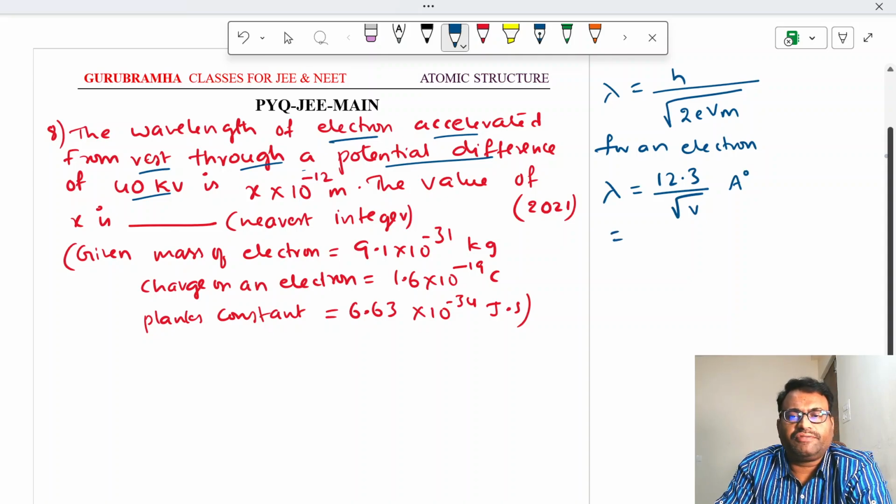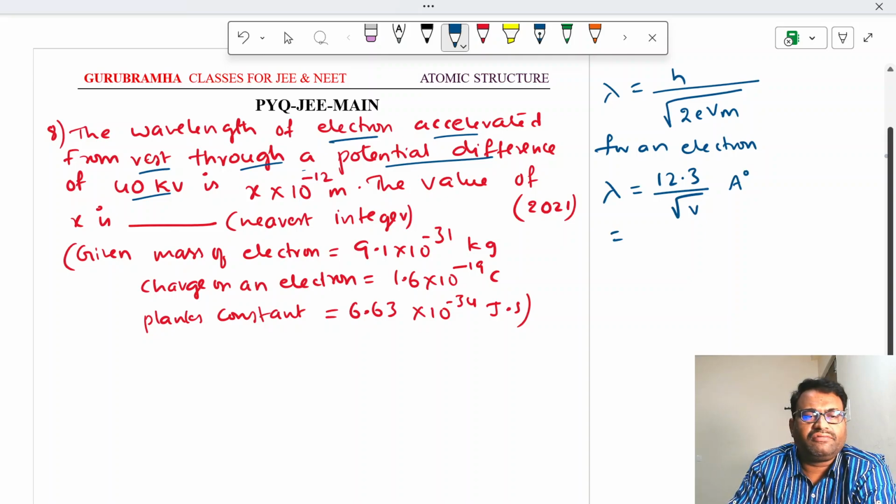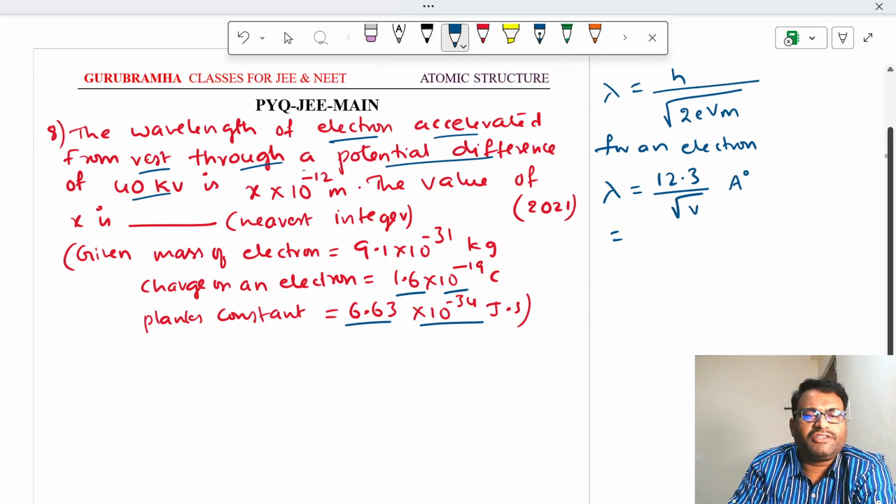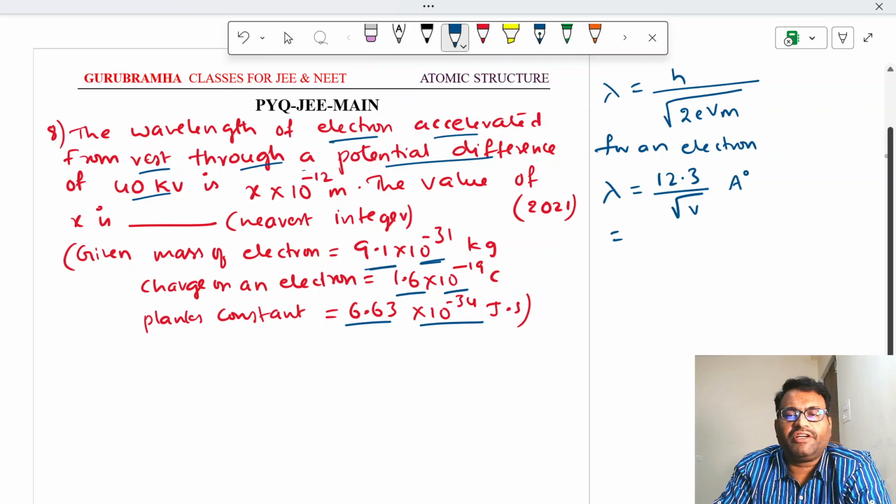So how did we get this formula? By substituting the value of h, Planck's constant 6.63 into 10 power minus 34, e charge 1.6 into 10 power minus 19, m mass 9.1 into 10 power minus 31 kg. So finally we get this formula.